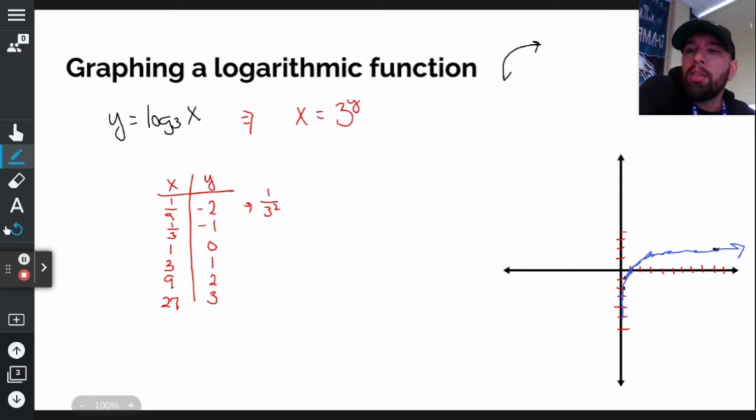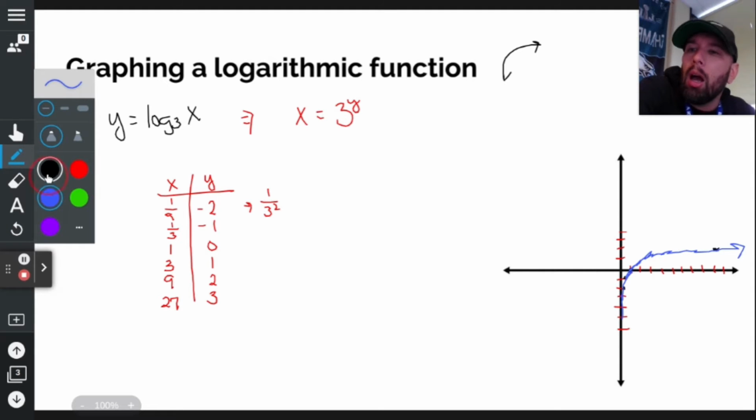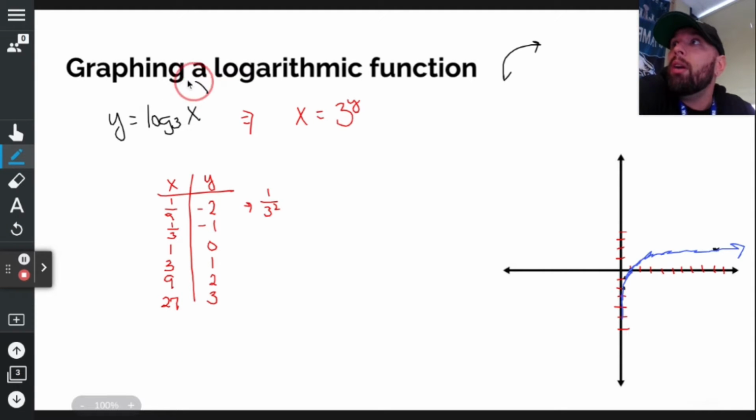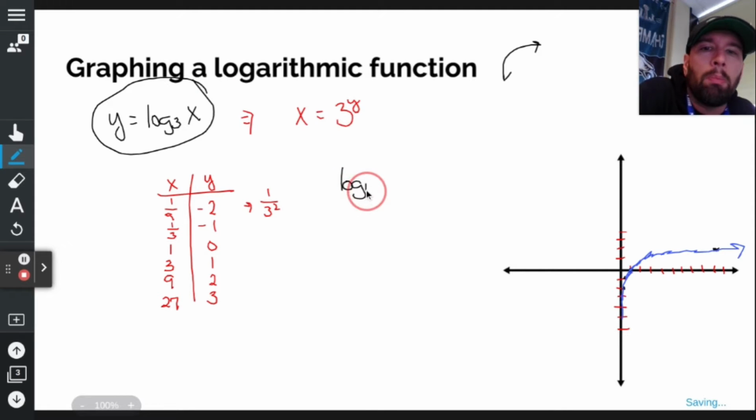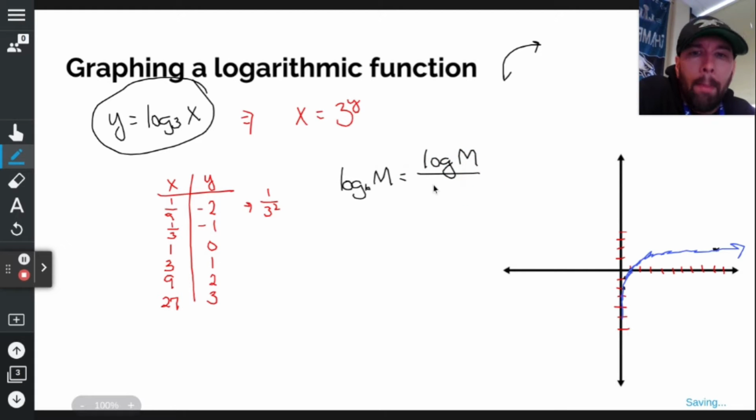Now, one of the things that I didn't write on the last page, if you did have a calculator and you were allowed to use a calculator, you could use the change of base formula. The change of base formula says if you have log base b of m, you can write this as any log you want, but I'll just use regular log, base 10: log of m over log of b.